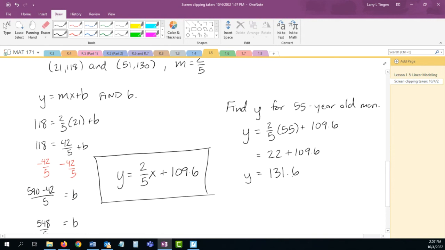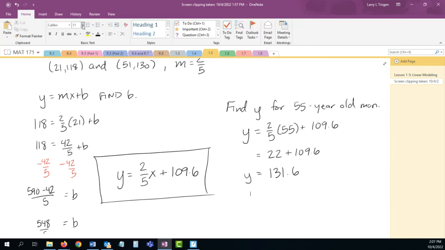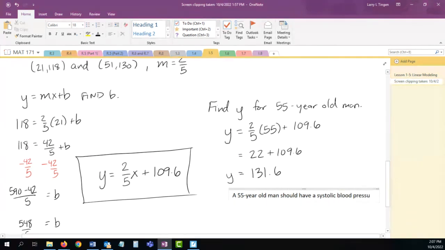Okay. So that means a 55-year-old man should have a systolic blood pressure of 131.6, and these are millimeters of mercury.